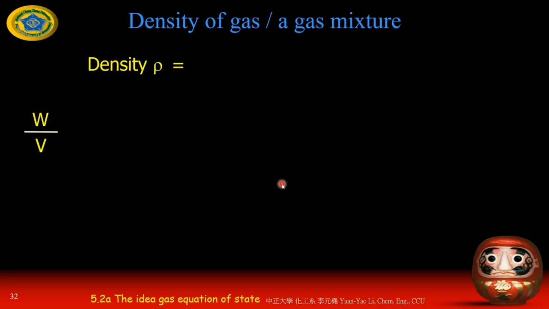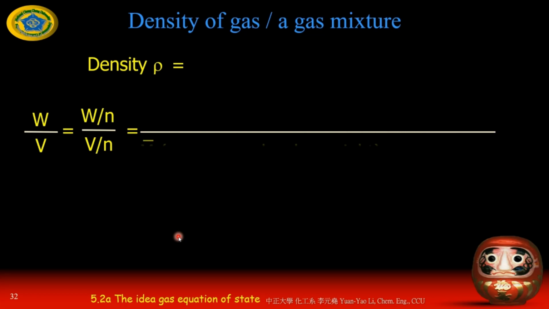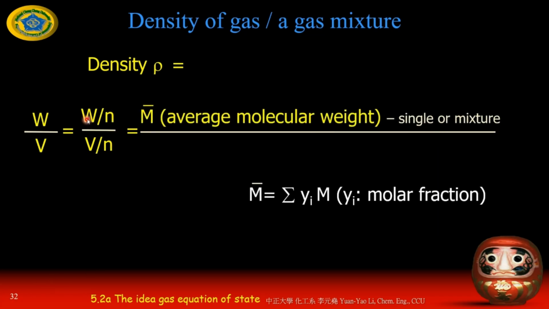So if the mass is divided by mole, what do you get? You get M bar, the average molecular weight, because mass divided by mole gives molecular weight, and if it's a mixture, that means the average molecular weight.